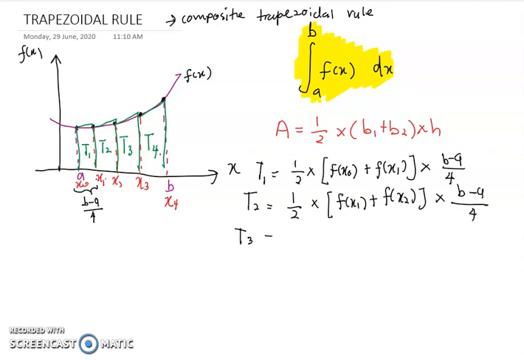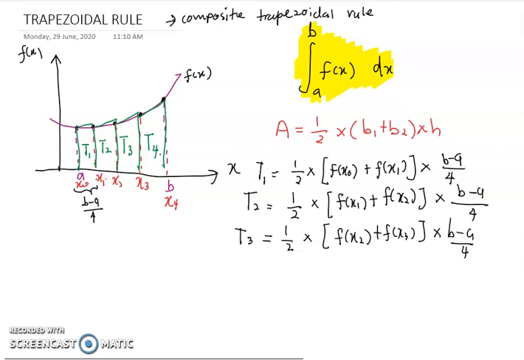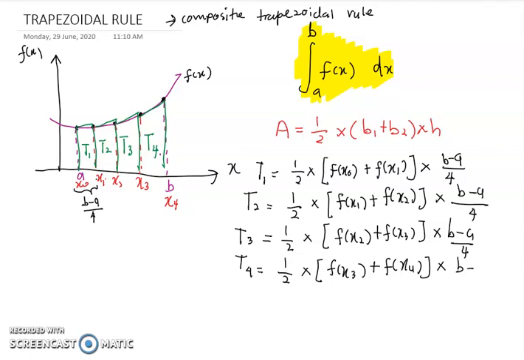And for the third trapezoid, 1/2 times (f of x2 plus f of x3) times (b minus a) over 4. And for the fourth trapezoid, the area is 1/2 times (f of x3 plus f of x4) times (b minus a) over 4.